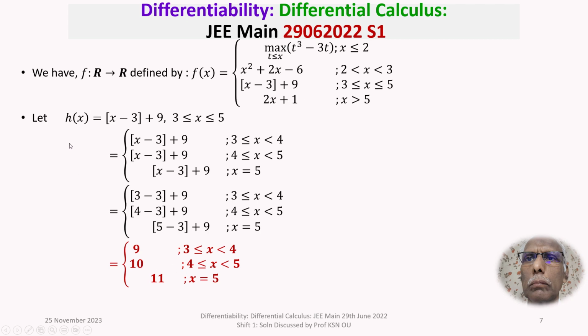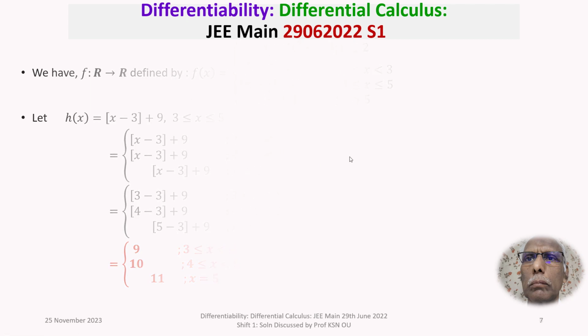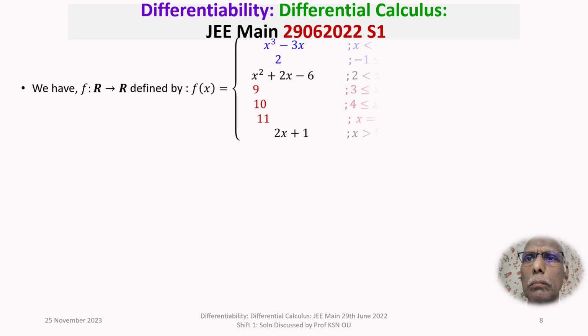Incorporate the first part and the third part into f of x, and we get f of x as this one, right? The blue one is the maximum function, and the red ones are the bracket function. Now this is defined as a piecewise function, and its members are all polynomials, and every polynomial is continuous everywhere.